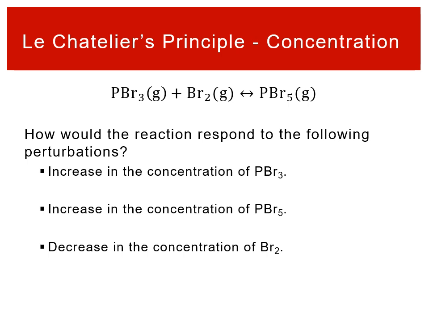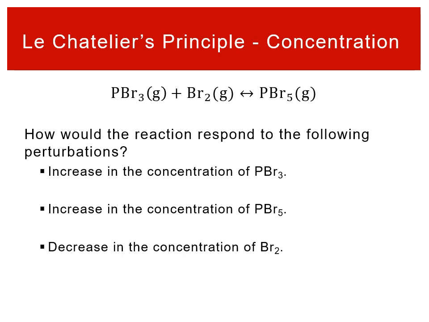All right, so we want to be able to use these ideas to make predictions as to how equilibriums will respond to perturbations. So I've got PBr3 plus Br2 becomes PBr5. We're going to make some changes to it. First, I'm going to increase the concentration of PBr3.